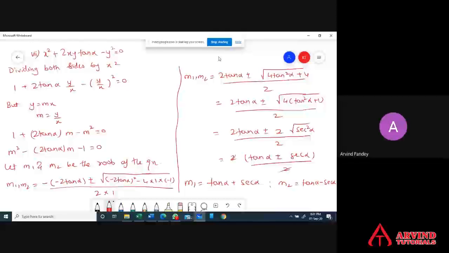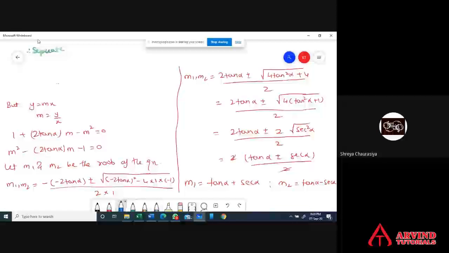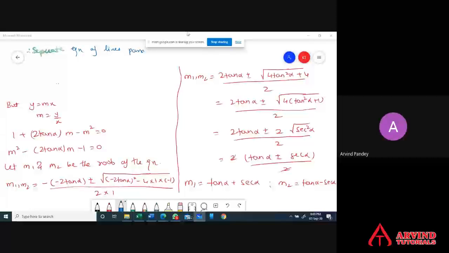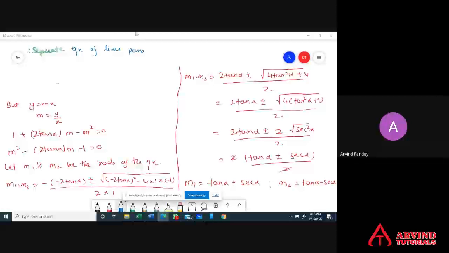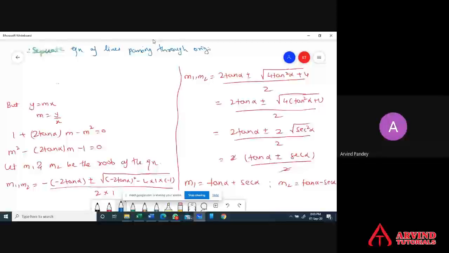Okay. Answer. So we can say separate equation of lines passing through origin and having slopes M1 and M2 are y equal to M1x and y equal to M2x.